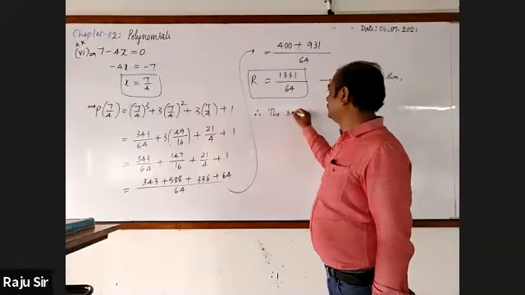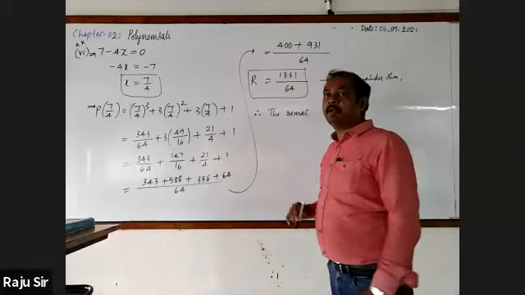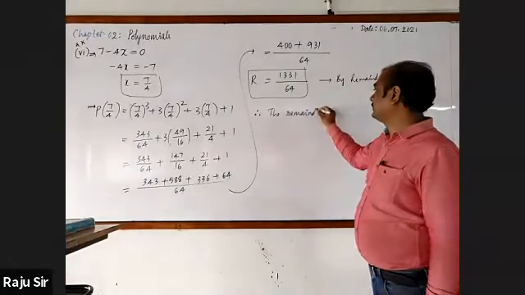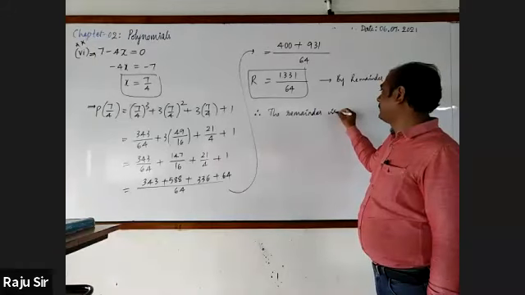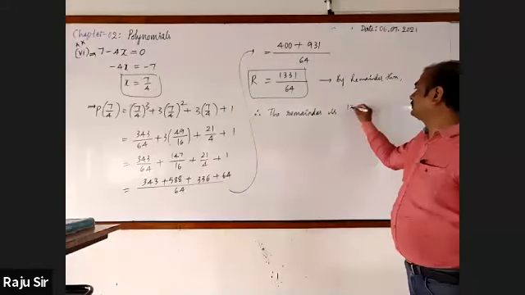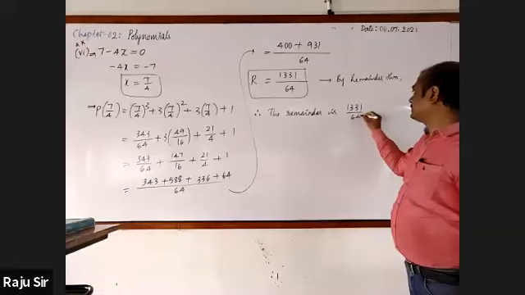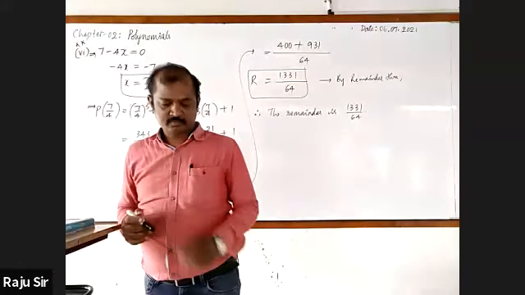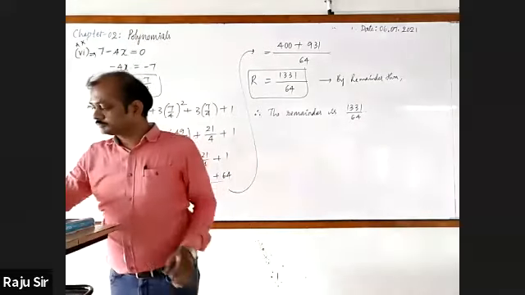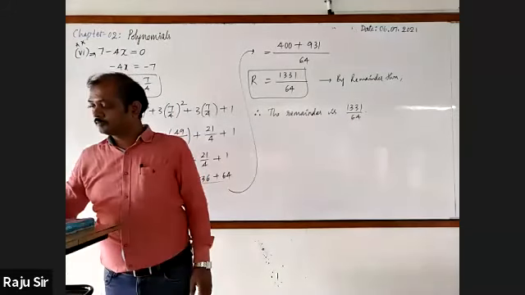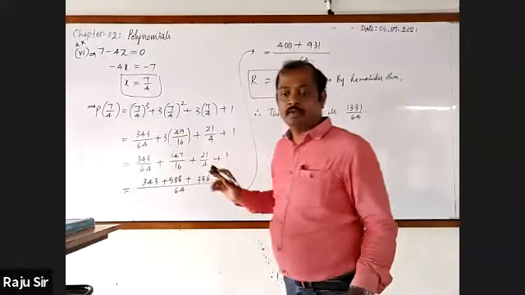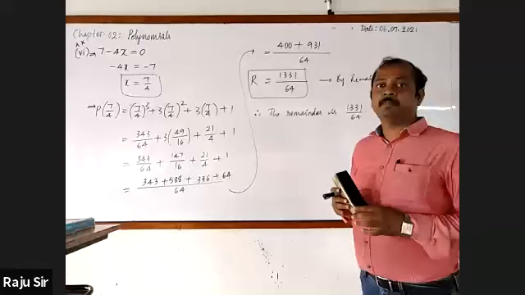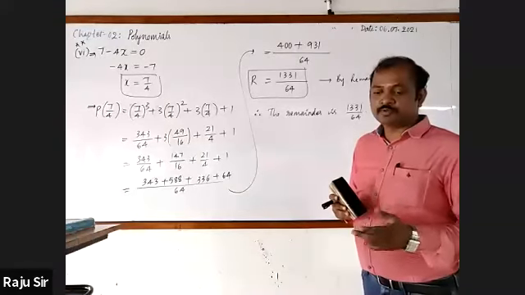Therefore, the remainder is 1331 by 64. Now the first main question is over. Yes, sir. We are moving to the second main question.